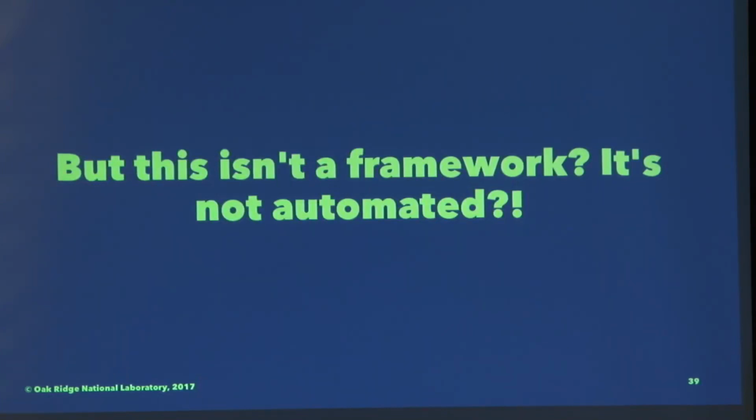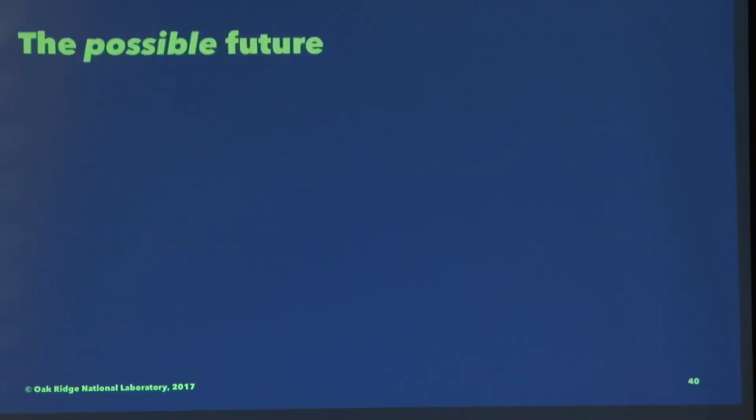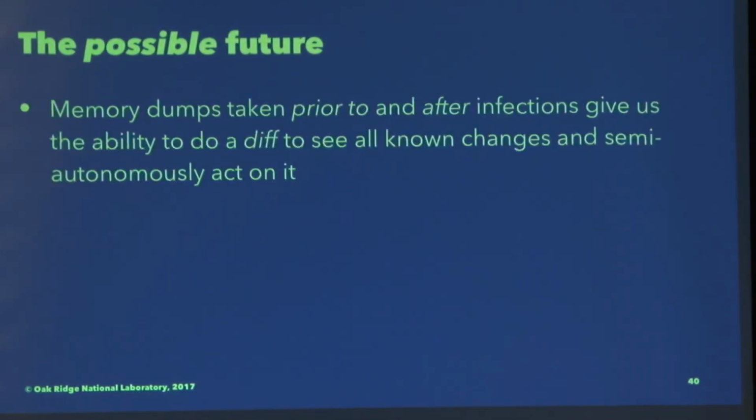So again, this isn't actually a totally automatic framework. So why should I use it? Why should I spend the time mucking around with it, when I could be building products? I think one of the possible futures that we can do with Volatility and tools like it is to take baseline memory states on our machines over time and save some amount of that data.